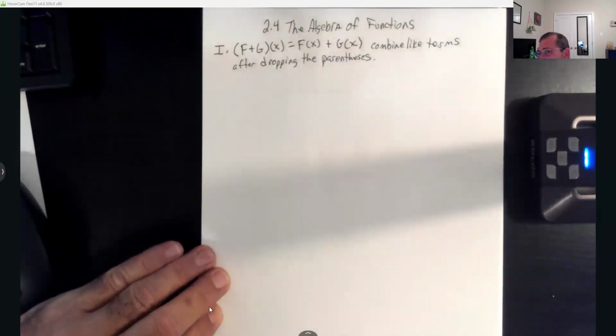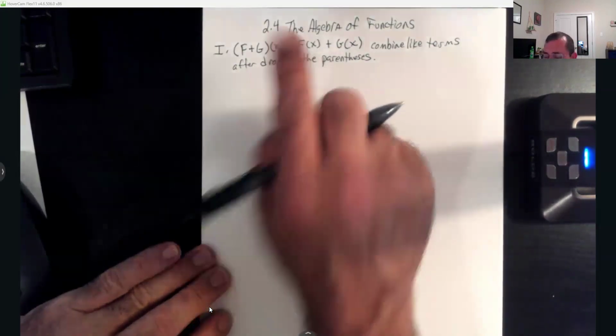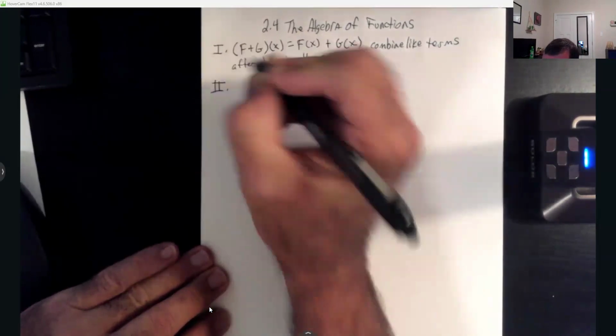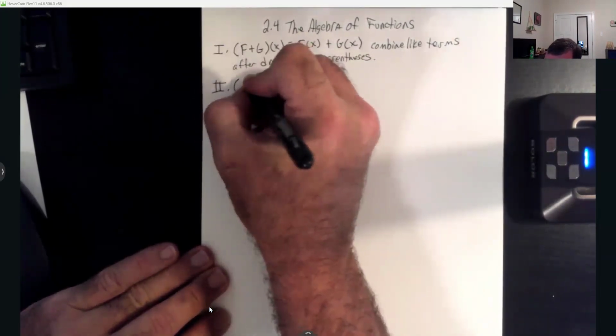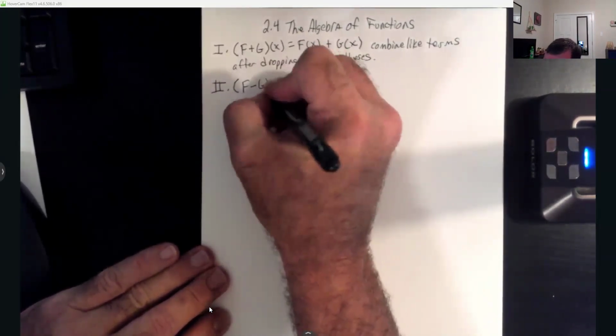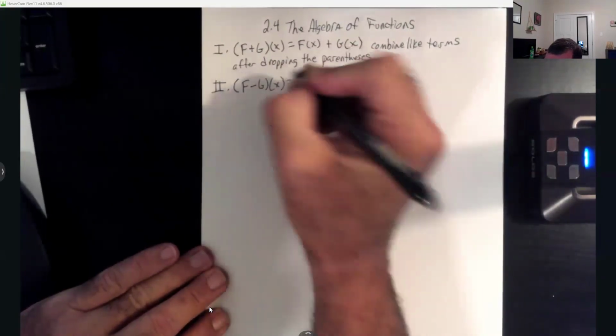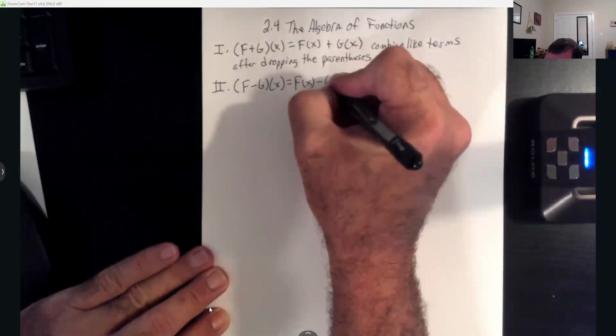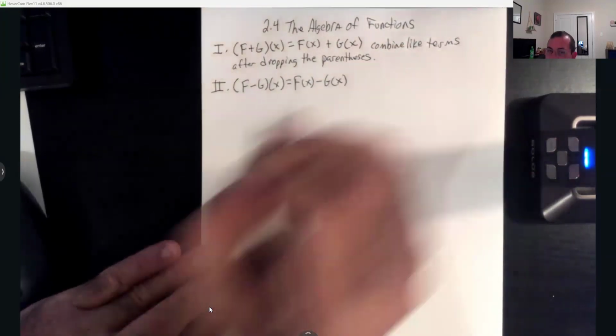Now, subtraction is really similar to addition, but you got to do one thing on it. So if we had something like f minus g of x, that'll equal our f of x minus our g of x.